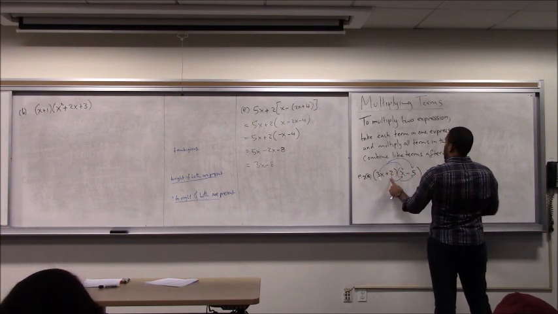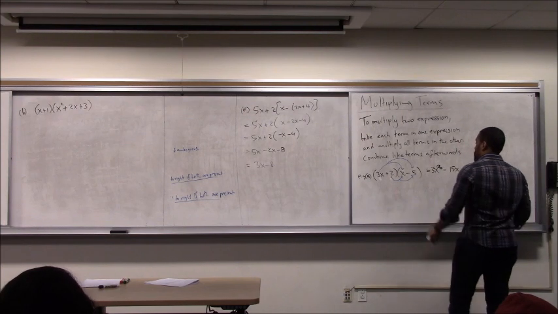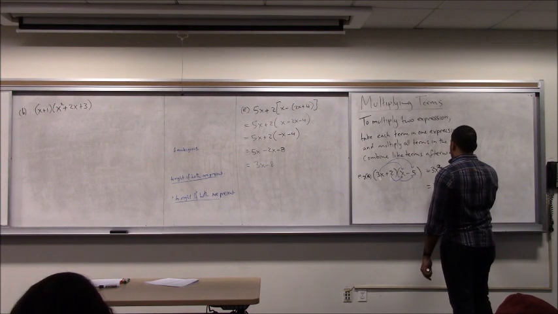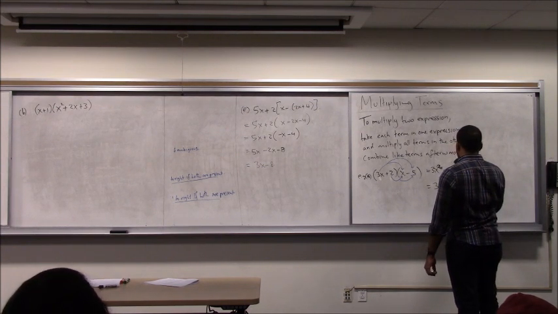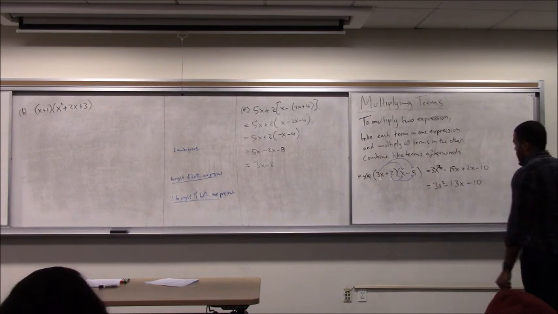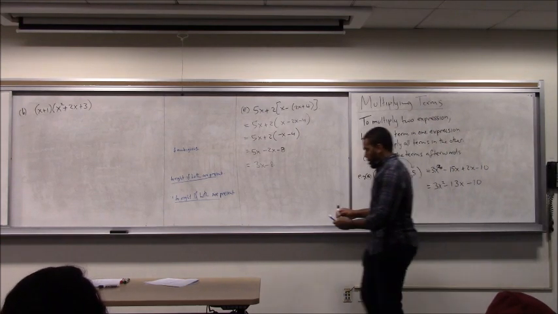Now you move to the next guy and multiply everybody. Combine like terms afterwards. 15 plus 2 minus 1 plus 2.